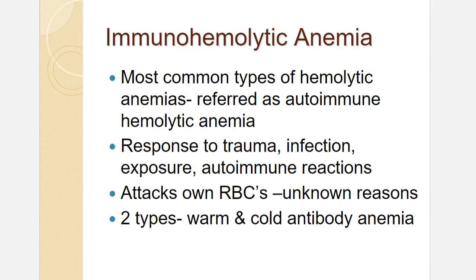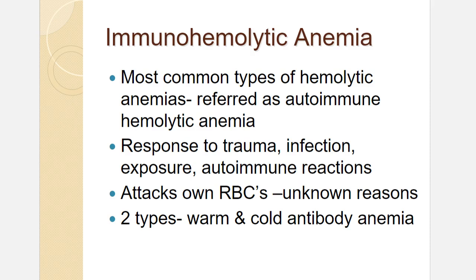immunohemolytic anemia, because now we're talking about these hemolytic anemias, causing the breakdown of red blood cells. And anytime you see the word immunohemolytic, you're talking about a situation where you have immune system components that actually attack a person's own red blood cells.